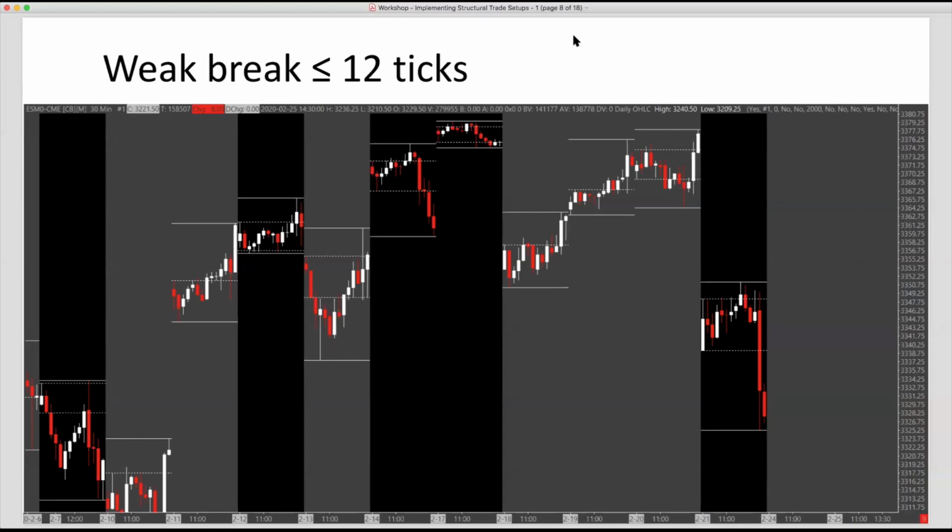And I told the platform to paint the background black when the session high and low has exceeded the initial balance high and low, but only if the traversal of the weak side, so I've said look for the minimum of the weak side break or the strong side break, is 12 ticks or less.